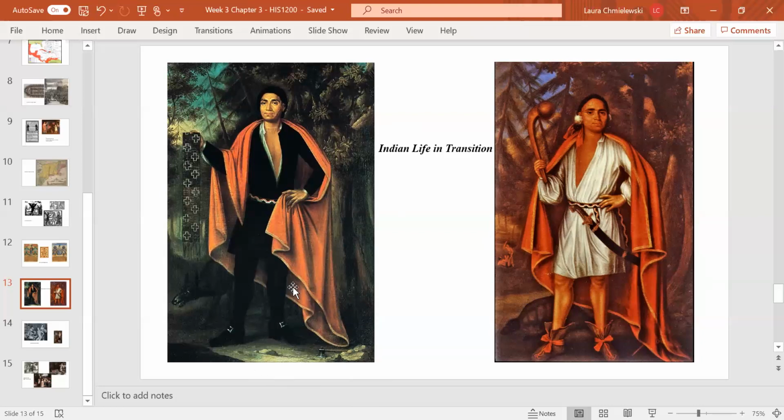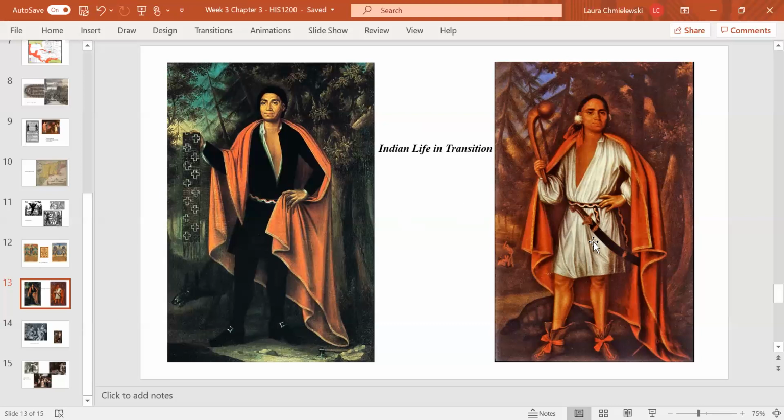But the real story that I want us to get out of these images is the story of these goods and how goods that are of European manufacture are transitioning Native American lives for the people who live either within what Europeans have staked out as their colonies. Those borders, of course, are highly debatable. The further you go west, the less goods people have. And that is going to be a really key idea when we talk about westward movement as Anglo-Americans are going to surge into the West.